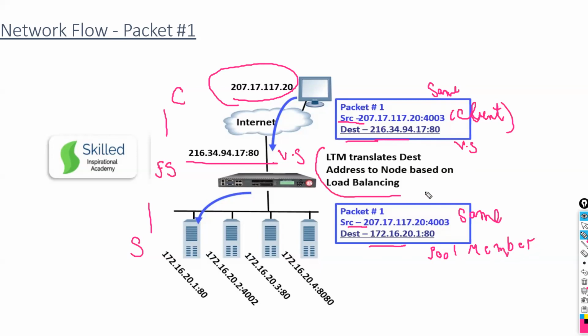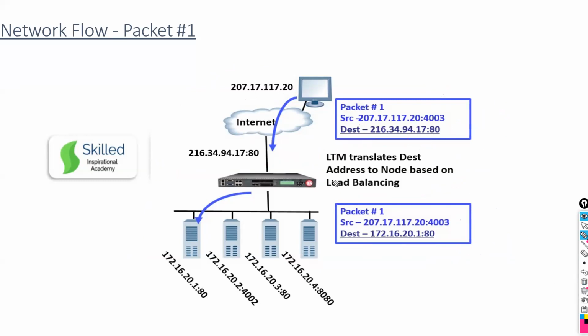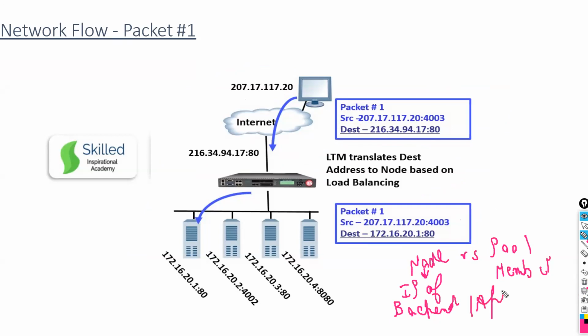So LTM by default will translate your destination IP to your pool member or the node. So what is the difference between a node and a pool member? There is only one difference. A node is only an IP address. If someone asks you what is the difference between node versus pool member, a node is just the IP address of your server, the backend server. Someone will say backend server, someone will say application server, someone will say web server.